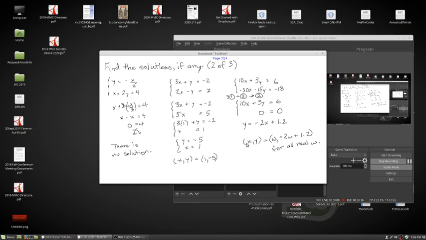So our ordered pair xy is going to be equal to the ordered pair w, and then minus 2w plus 1.2 for all real w. Okay, so no matter what value we plug in for w, that'll give us an xy that works and solves this system of equations. So again, you get 2 out of the 3 of those.